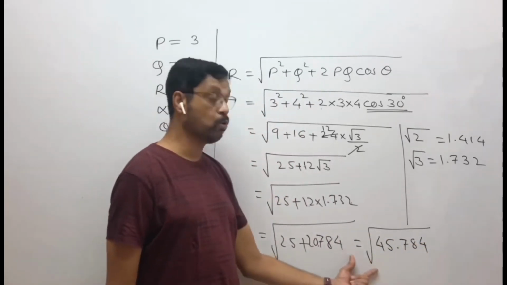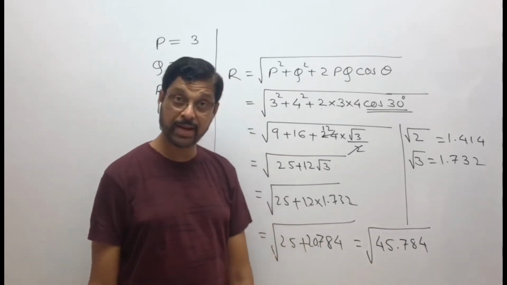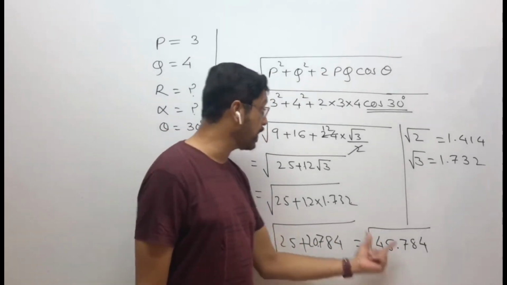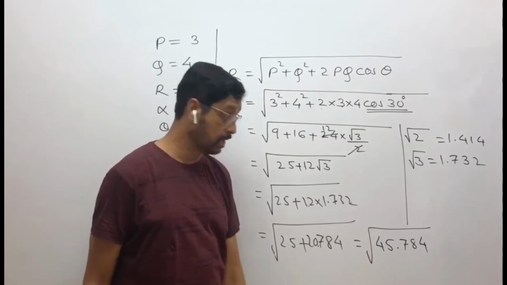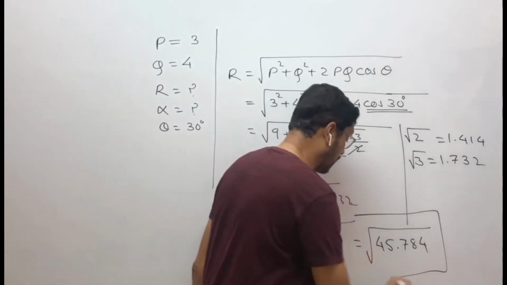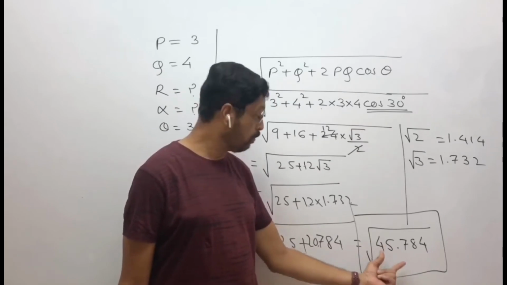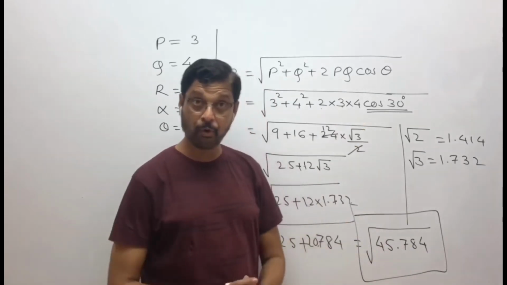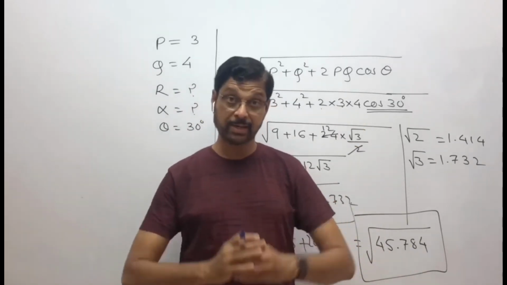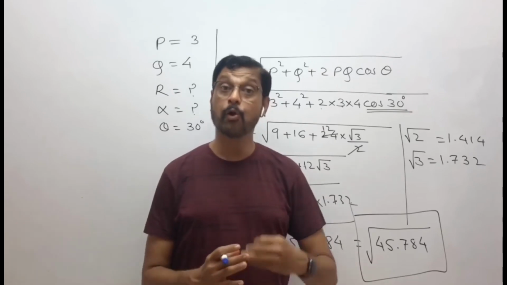So it is under root 45.784. This is the magnitude of the resultant. अब इसको calculate करना है. You have to find the root of 45.784. For that, you will need log table.